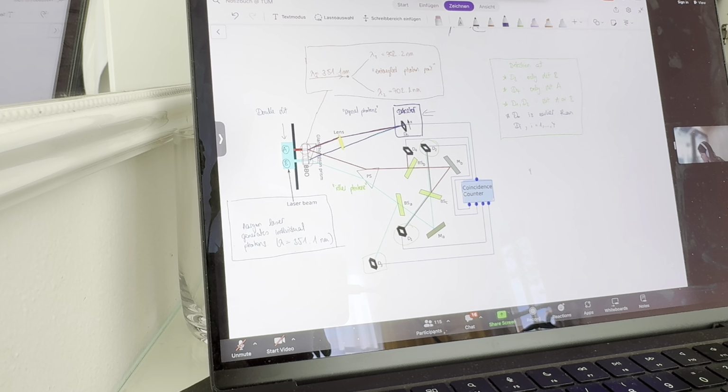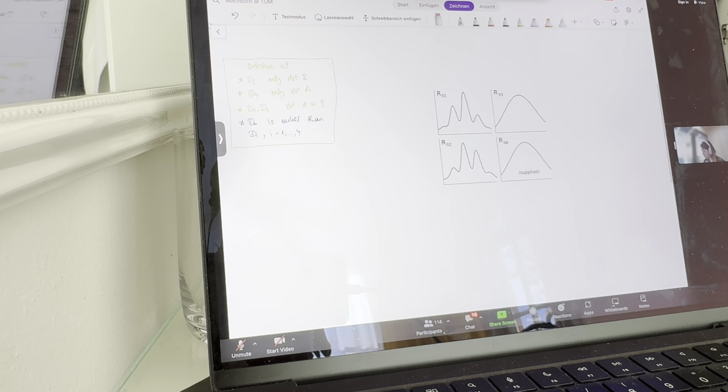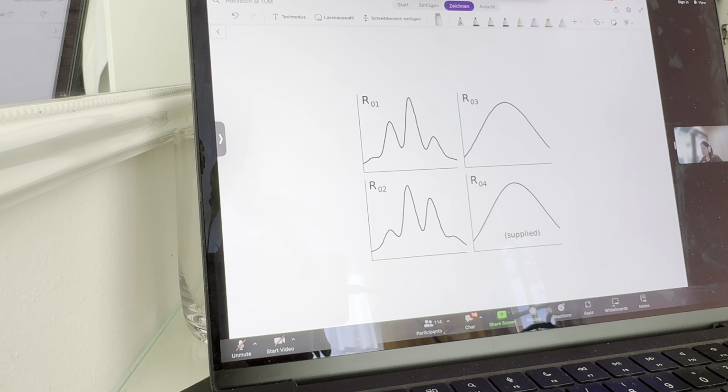But then what you can say is if a photon is detected at D0, so this will always happen, D0 will always detect a photon, or each photon basically, and then if you also detect something, for example, at D3, that means that of the entangled photon pair, the idler photon went through slit B, and therefore we also know that the photon that was detected by D0 also went through slit B. Okay, and what you now do is you basically analyze the coincidence rates.